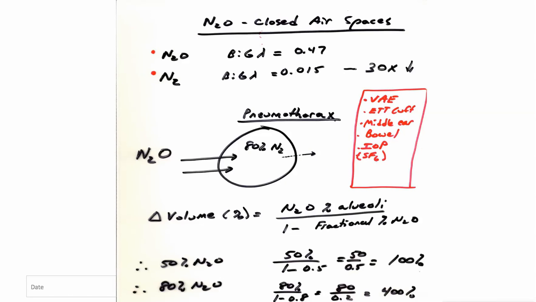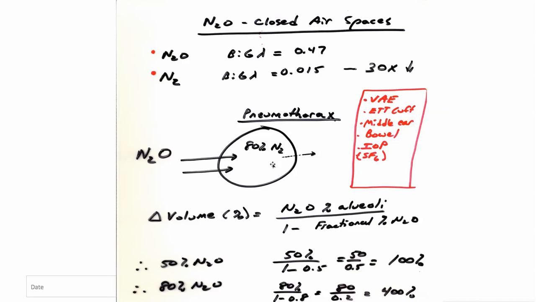So nitrous will fill closed air spaces, and this is the explanation. I tried to draw it out graphically. Again, forgive my poor artistry, but nitrous oxide has a blood gas solubility of 0.47, while nitrogen is 0.015, 30 times less soluble.